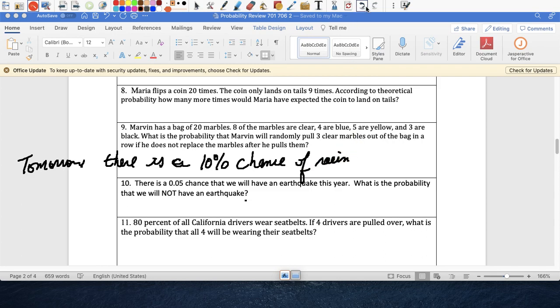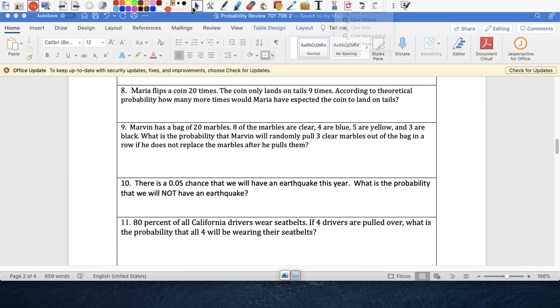No. So very little, right? You probably don't need an umbrella. So if there's a 10% chance of rain, that means there is 90% chance of no rain. Okay, hopefully that helps you guys out a little bit more.